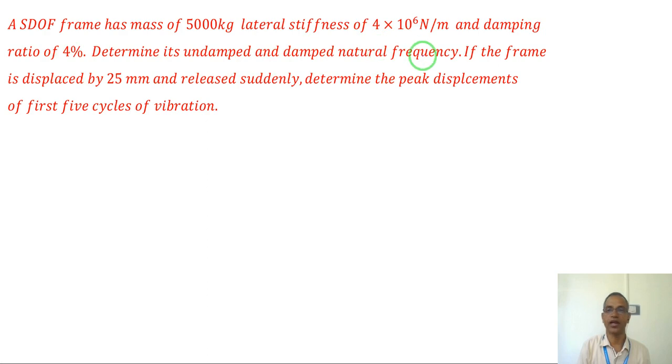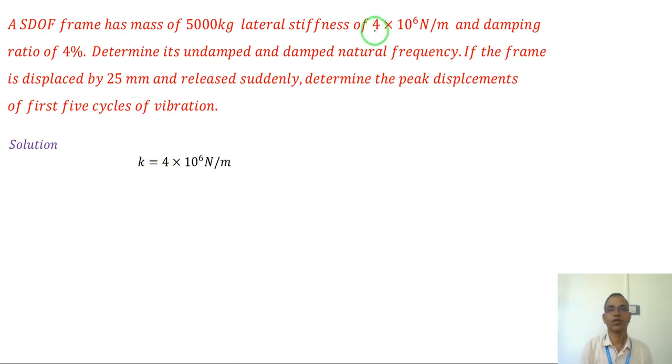If the frame is displaced by 25 millimeter and released suddenly, that is the initial displacement, we need to find the peak displacement of the first 5 cycles: first cycle peak, second cycle peak, third cycle peak, like this 5 peaks. So let us see how to solve this.